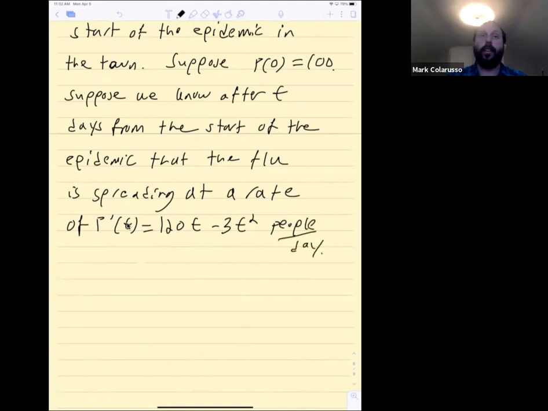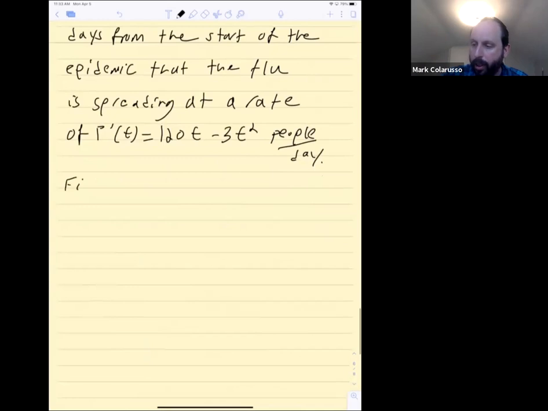So you know that t days after the epidemic starts, 120t minus 3t squared people per day are getting sick. And now the question is, find the number of people P of t who are sick with the flu after 2 days.